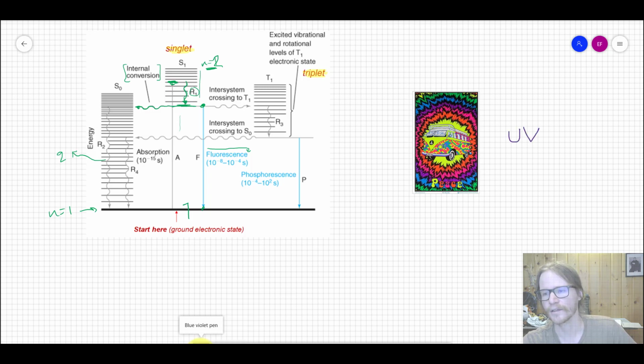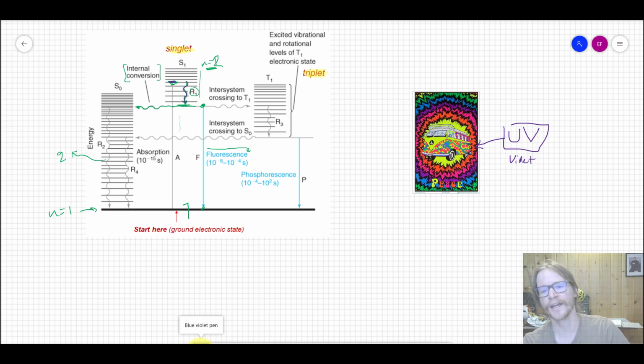So you get UV light, and that shines on these dyes, these molecules that comprise this poster, and you get absorbance of those dyes all the way up to this excited electronic state and the excited vibrational state. As long as it's in a higher vibrational state as well, some amount of the energy of the original violet photon is lost simply to heat as those vibrational levels relax back down, and then the photon is re-emitted back to you in the form of these colors.